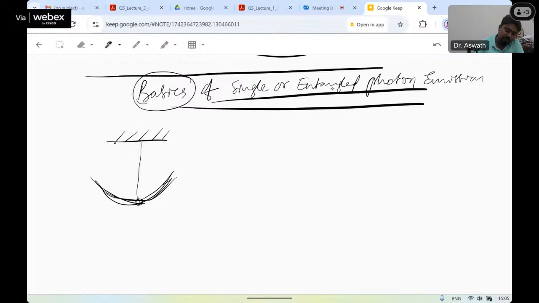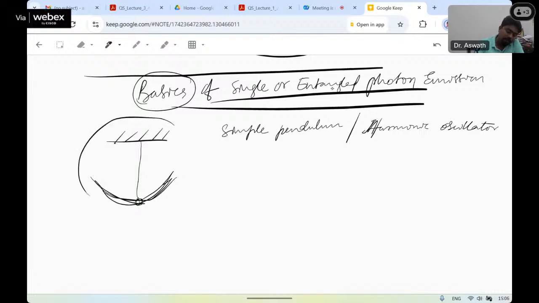By nature it's called a simple pendulum, and it's also called a harmonic oscillator, because it is nicely making harmonic oscillations.